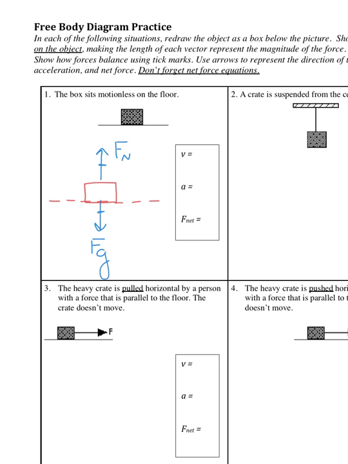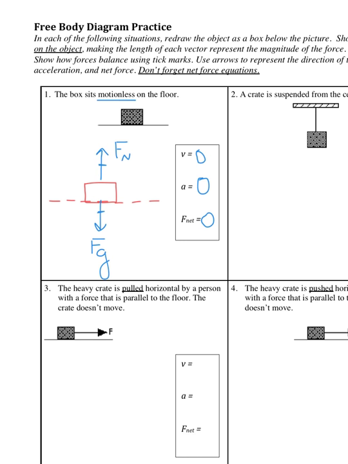So if it's motionless, what's the velocity? Well, it's 0. What's the acceleration? Well, it's not moving, so it has no acceleration. And then net force, since it's not moving, these two forces up and down are balanced, so there is no net force. That's pretty boring, but we're always going to go back to filling that one in.